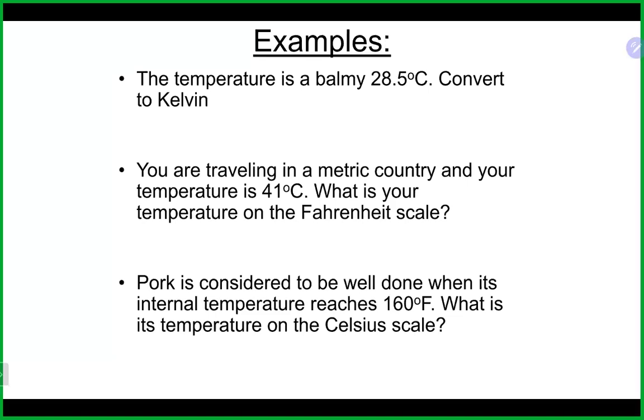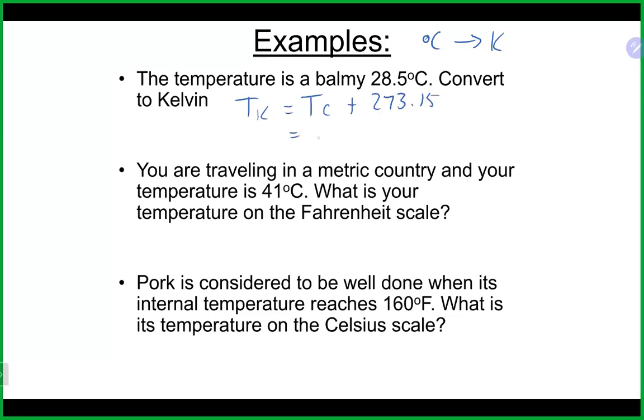All right, so let's try some here. Grab a calculator. So the first one here, the temperature is 28.5 degrees Celsius, and we want it in Kelvin, so we're going to go from Celsius to Kelvin. Our temperature in Kelvin will equal our temperature in Celsius plus 273.15.